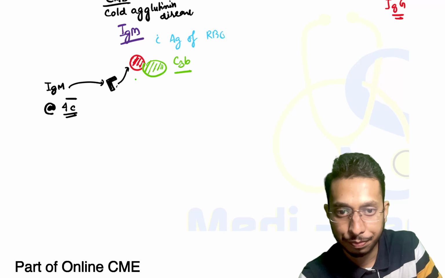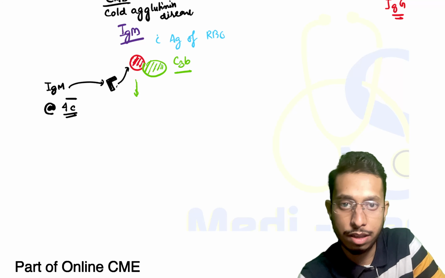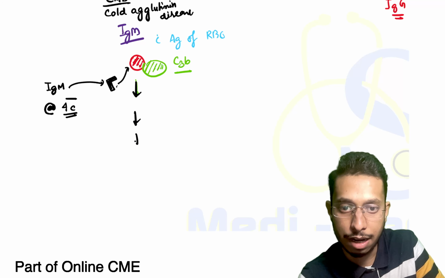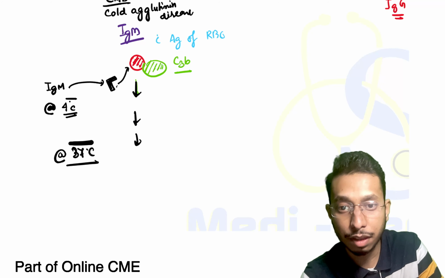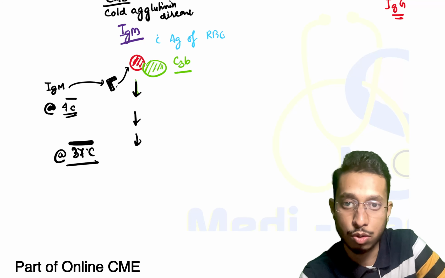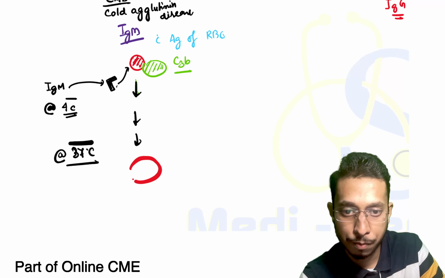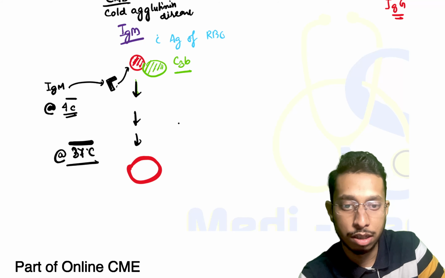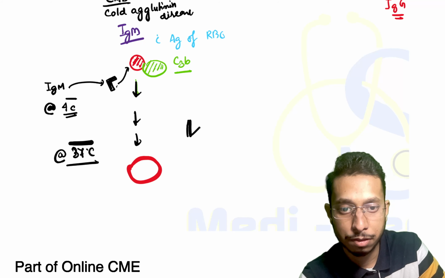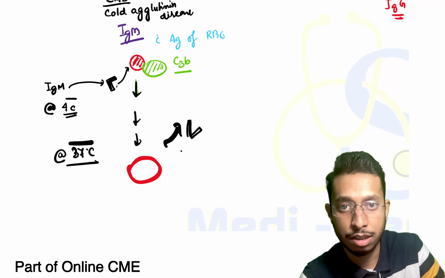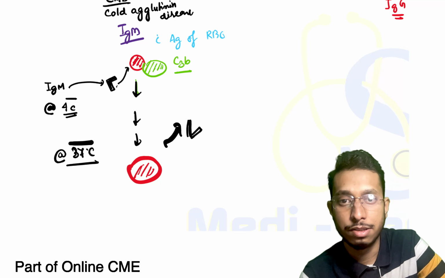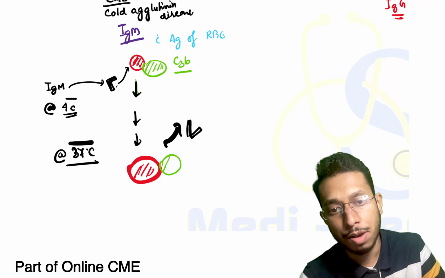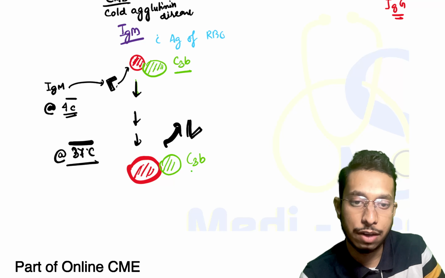Now when this RBC is warm, at body temperature of 37 degrees centigrade, the IgM detaches from it. IgM will detach away from this red blood cell, but C3b, the complement which was activated at cold temperature, remains attached to it.